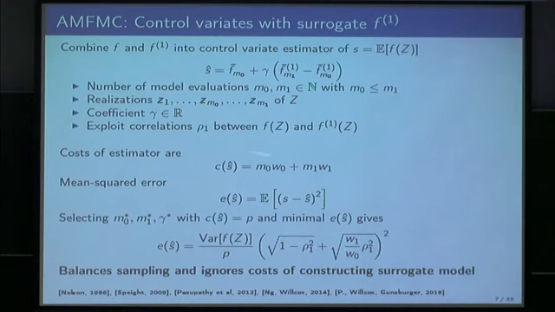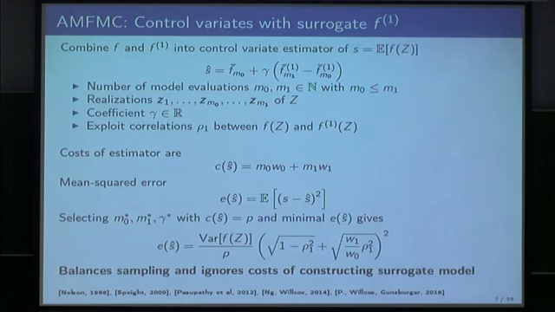Costs of this estimator, here what's typically considered is the cost of evaluating the models. So in that case here we have C of S hat is the number of times we need to evaluate the high fidelity model times the cost of one high fidelity model evaluation, which is this w naught, plus the number of times we evaluate the surrogate model times the cost of one surrogate model evaluation.